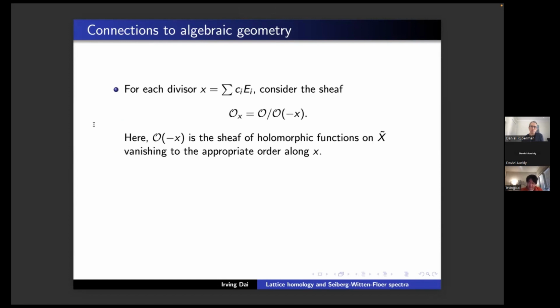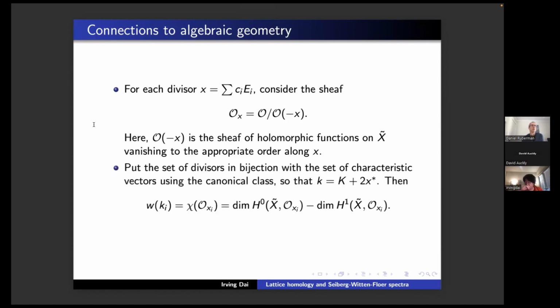In this context, each characteristic vector on my plumbing corresponds to a particular divisor, via correspondence with the canonical class of my plumbing. The plumbing has a preferred complex structure.